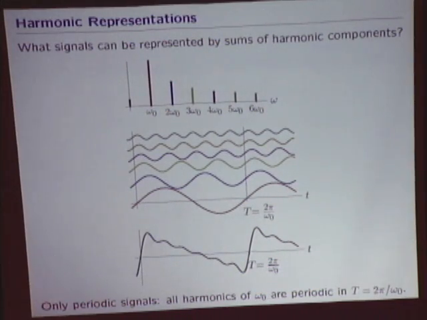So one thing that you can think about by thinking about the time representation of what harmonic signals ought to look like, periodic signals are sort of our only candidates. All of the harmonics of a fundamental are periodic in capital T, the period of the fundamental.